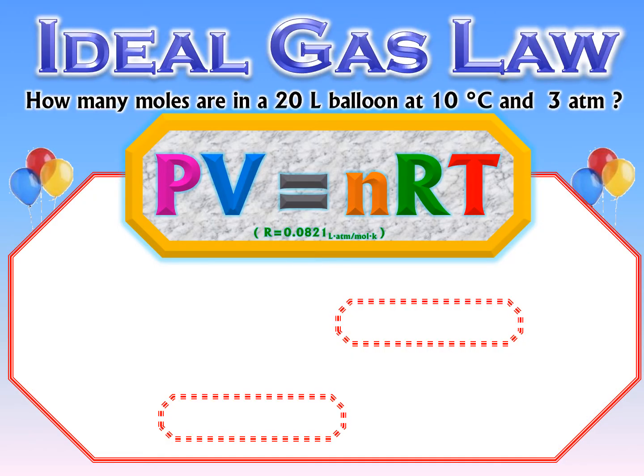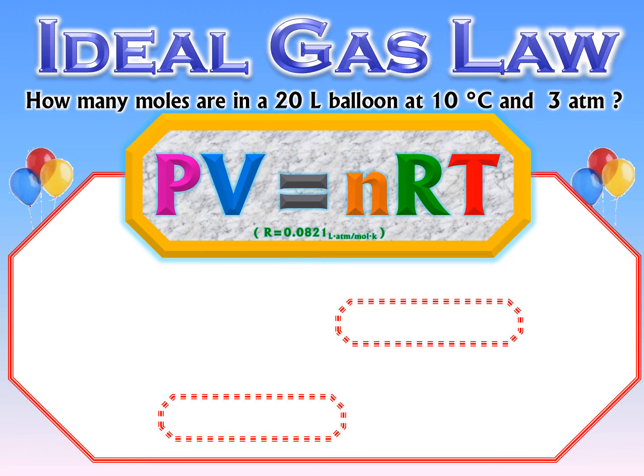Here is an example of a typical ideal gas law problem. How many moles are in a 20-liter balloon at 10 degrees Celsius and 3 atmospheres? Now notice we're putting in 3 quantities and we're solving for the 4th one. Remember, there are 4 variables in this equation.